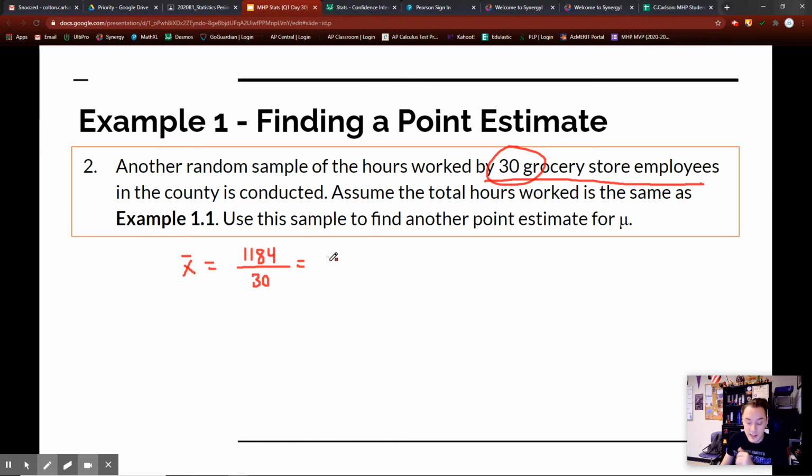So now what does this equal? This equals 39.5. So on average, they worked about 39.5 hours, even though we don't know what those actual hours are because we're just assuming that the total is the same. So that's the point estimate. Very simple, right? Not too terrible. And we're going to use this point estimate to build what we call the confidence interval.